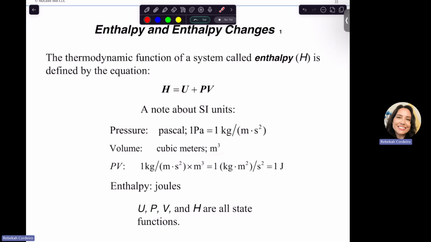Volume is usually in cubic meters for SI units. And so we have PV here, and this is giving us joules. So you can see that a joule is actually related to these things. So enthalpy is going to be in joules. These are all state functions, which means that when we have changes in them, they don't care about how we're getting there.